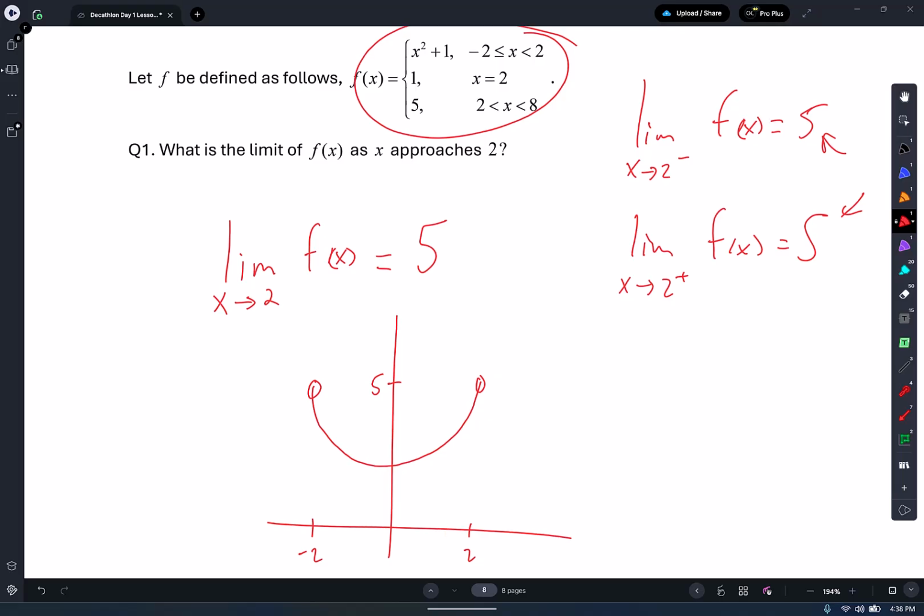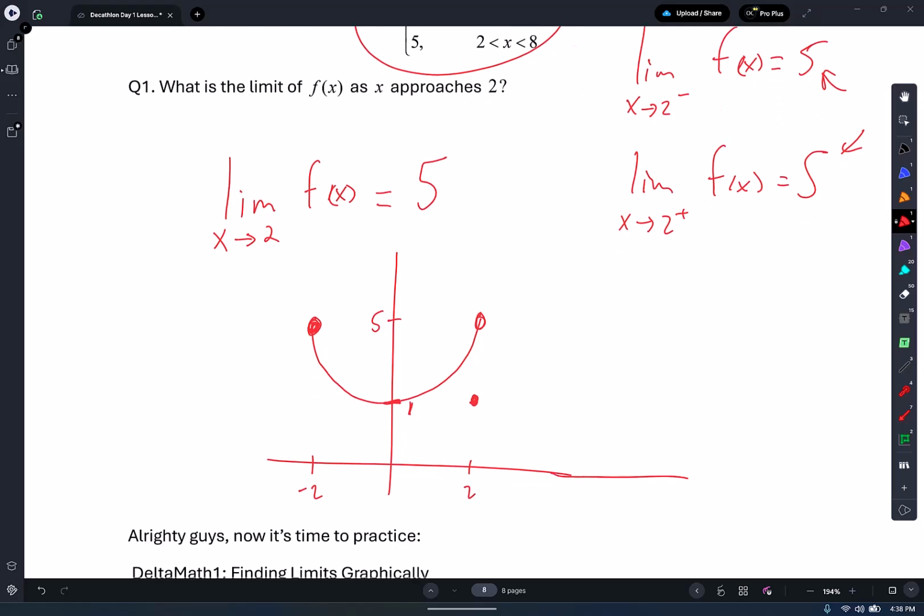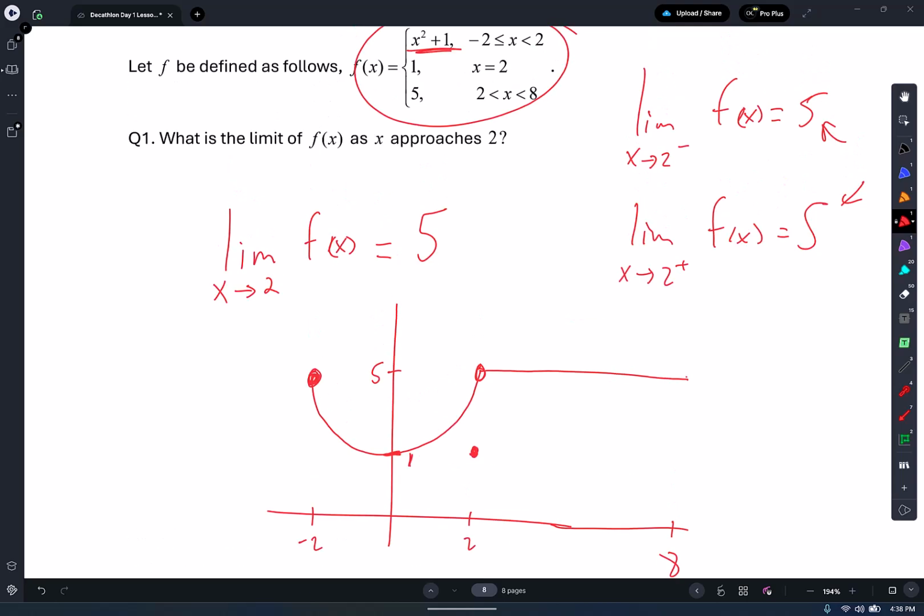And then what's down here? That's just 1, because that's a parabola with a vertex on the y-axis at (0, 1). Actually, this one's a solid circle, and at x equals 2, it's 1. So I'm going to write a solid circle right here. And then look, it's 5 between 2 and 8. So I'm going to say that 8's way over here, and it's like that. And the 8 is an open circle.